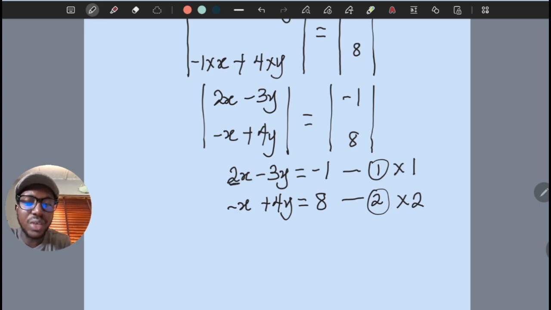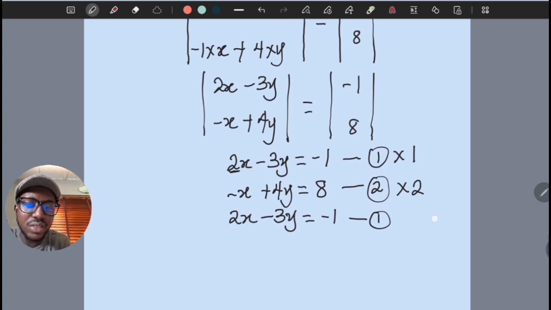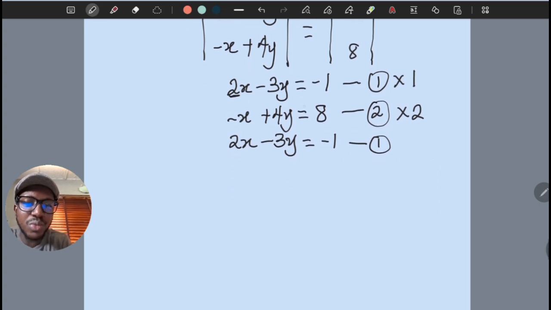So from there, we can say that the new equation becomes 1 times everything we have here, which is going to give us 2x minus 3y equals negative 1. The equation doesn't change. Then 2 multiplying everything there is going to be minus 2x plus 8y equals 16.